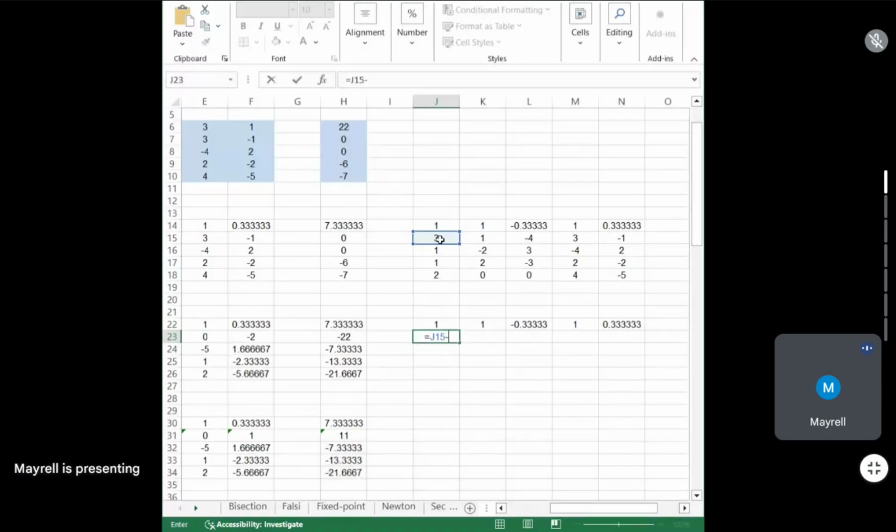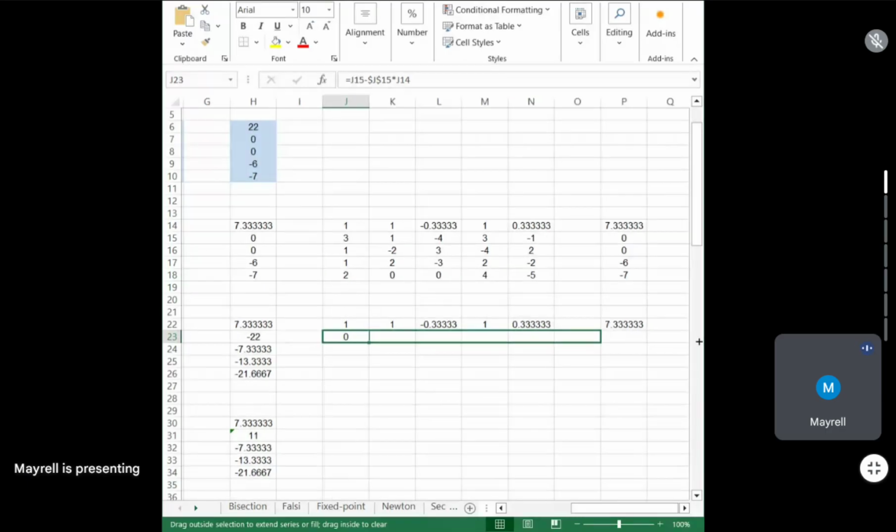So J15, and then multiply, this is the formula, times sa row 1. Okay. Corresponding or sa babaw niya sa row 1. Okay, so 0 na siya. And I can just drag for the other sa row 2.